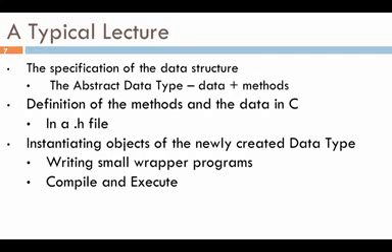For example, we will look at methods which will add keys into the data structure, delete values from the data structure, and query the data structure for the presence or absence of a certain value. Now, the definitions of these methods and the description of the data type would be written in the C programming language, and they would always be put inside a .h file. This is a programming practice. So not only do you learn data structures, but you also learn a bit of programming practice in this course.